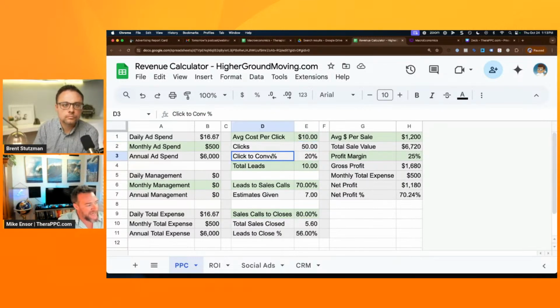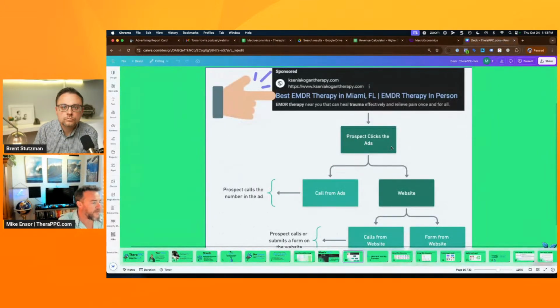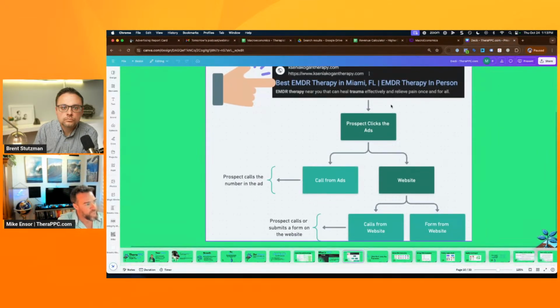The next big lever that you can pull, and this is a unique one from cost per click, this is the second biggest lever that you can pull on the campaign side, is the click to conversion rate. Now, what does that mean? Well, let me go back to the chart here.